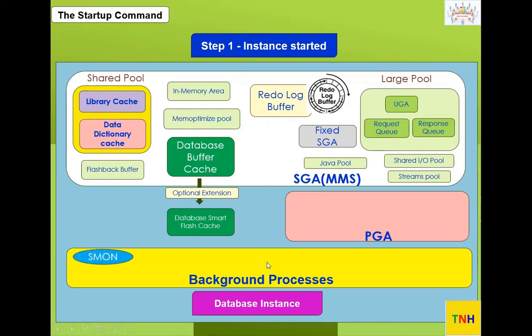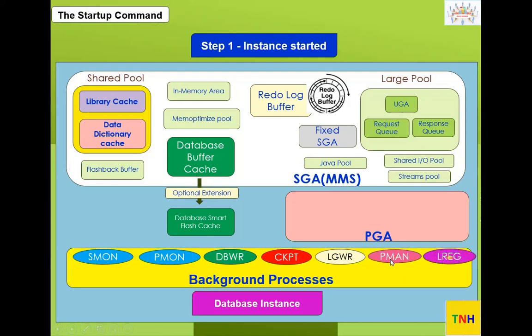And what are the background processes? We have system monitor, process monitor, PMON, SMON, that is system monitor, process monitor, DB writer meaning database writer, and we have CKPT meaning checkpoint, and we have log writer, LGWR is log writer, and we have other things, process manager, and the listener registration process.